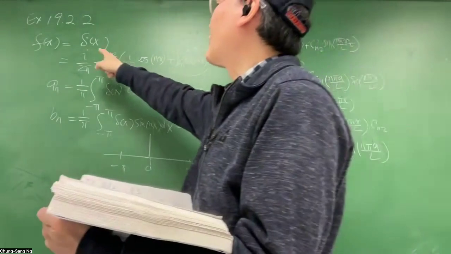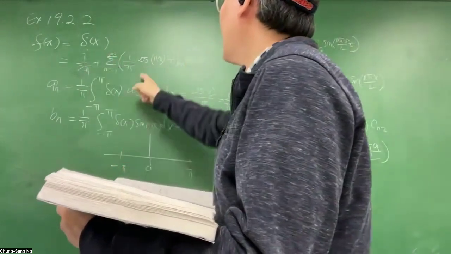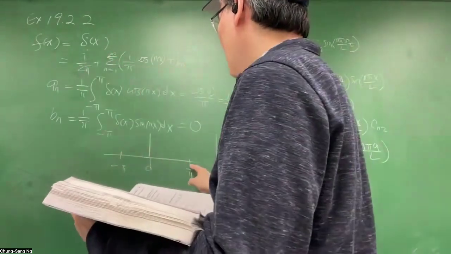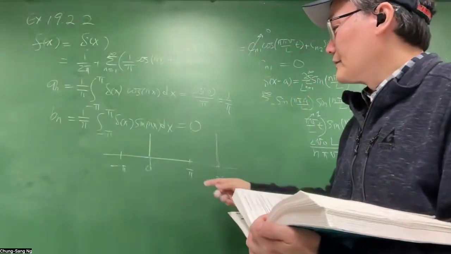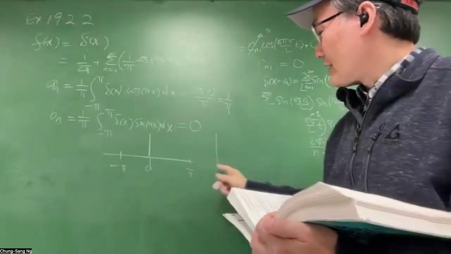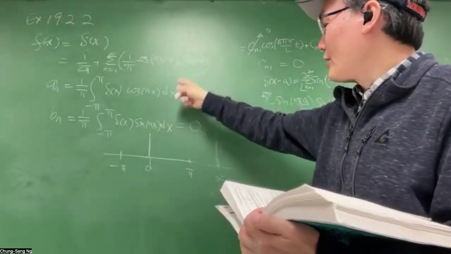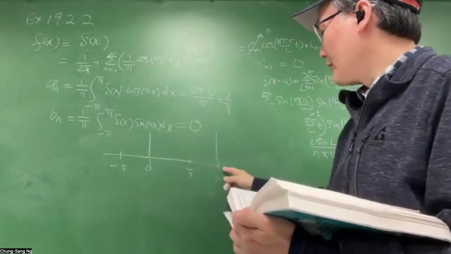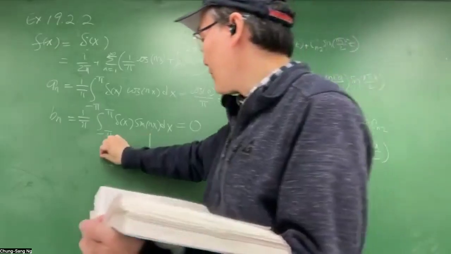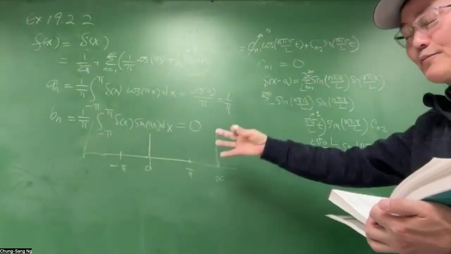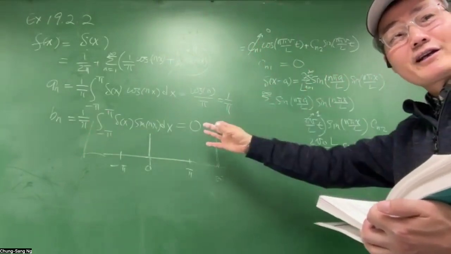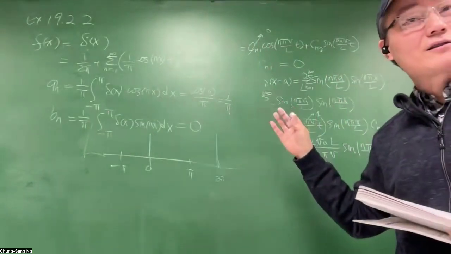Obviously, if you just have one delta function, this expansion is over this domain, so you recover the delta function. And if you extend this expansion beyond this period, you get another delta function here, another delta function over here. It's just artificially made periodic. You have infinitely many delta functions if you extend it to all real x.